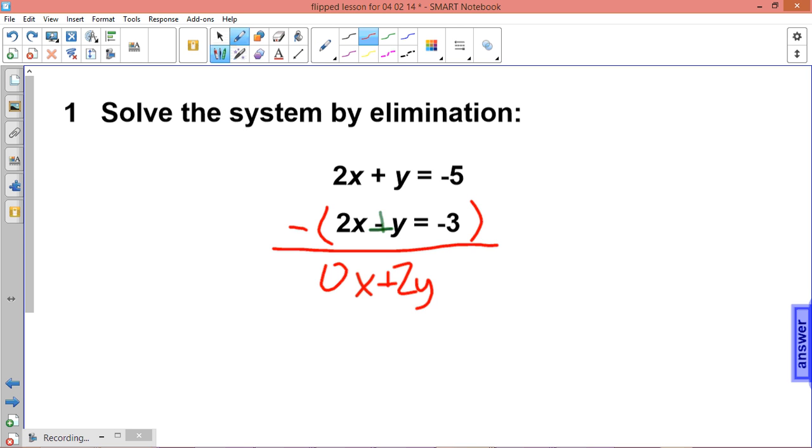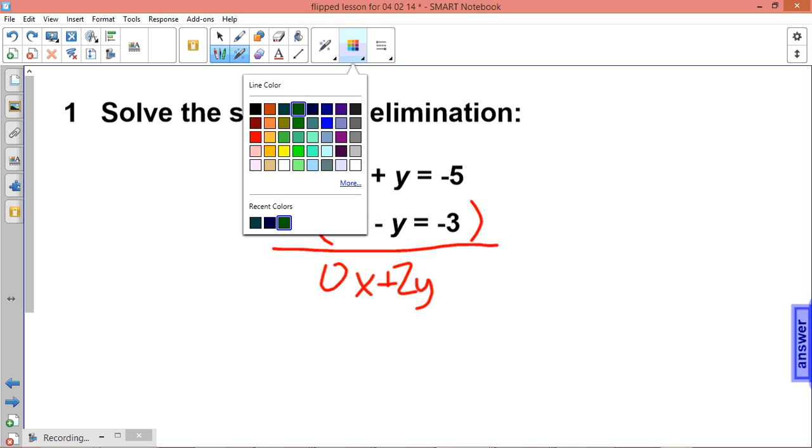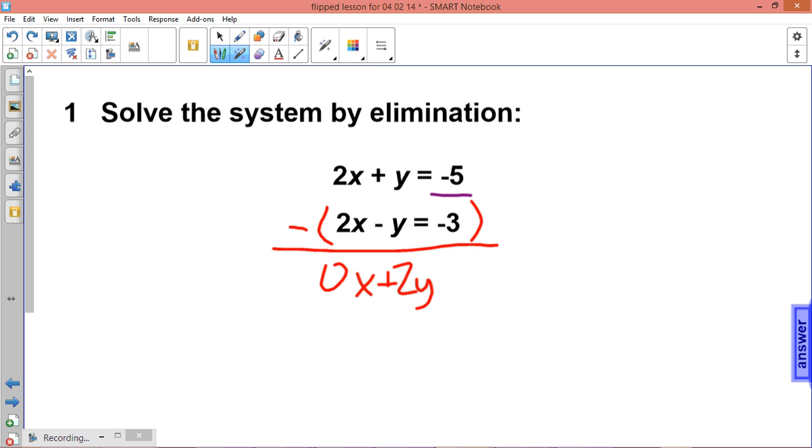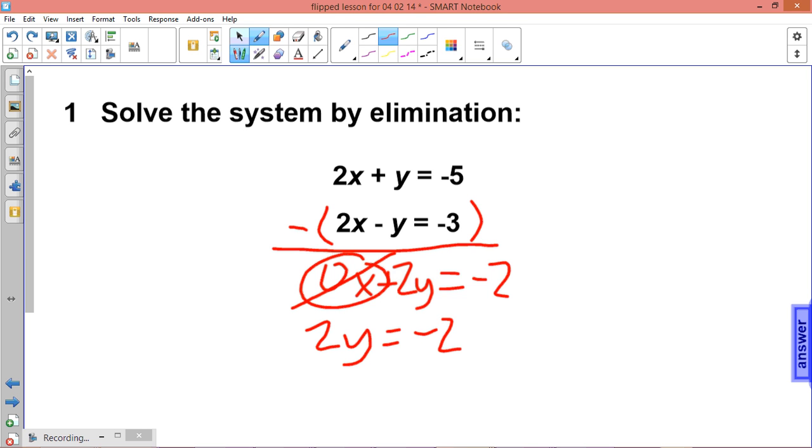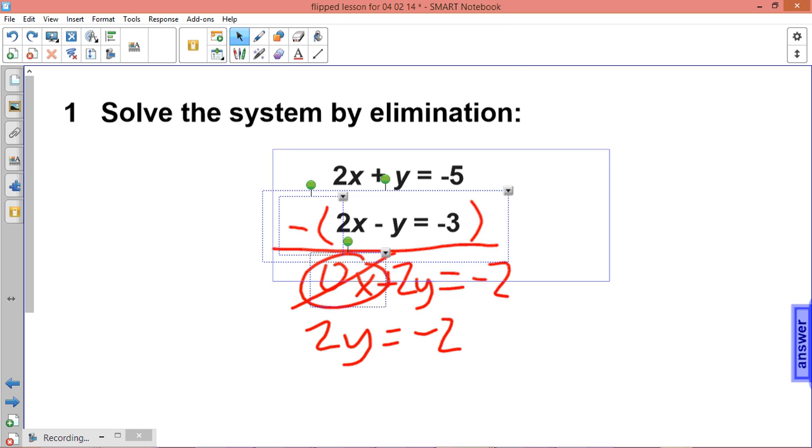And then, finally, let's do negative 5 minus negative 3. Minus negative 3, kind of like adding. And so I get negative 5 plus 3, which equals negative 2. Obviously, I don't need this 0x, so I just have 2y equals negative 2. Now, what I would like to do for a second is move all of this stuff.